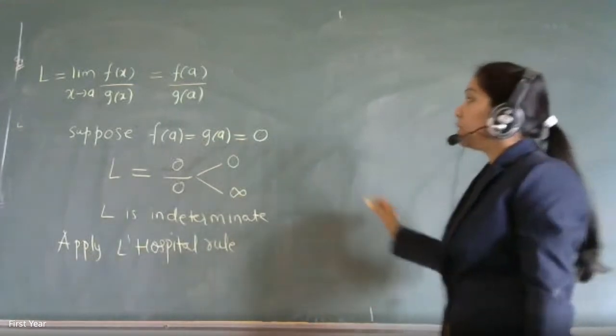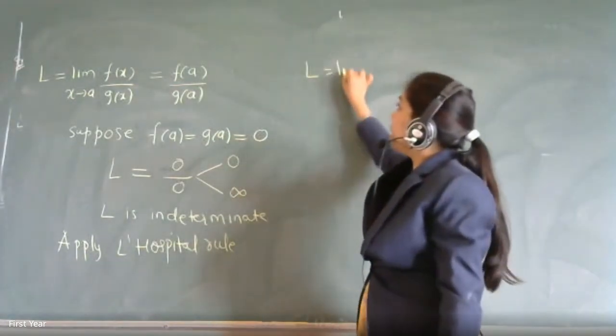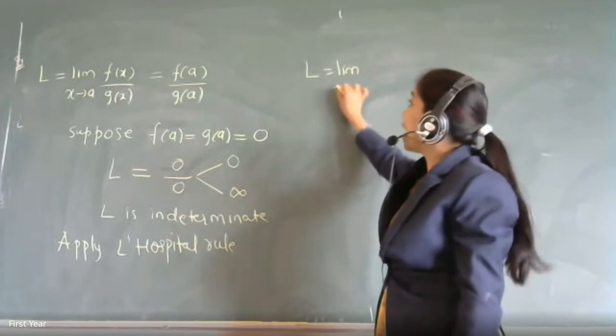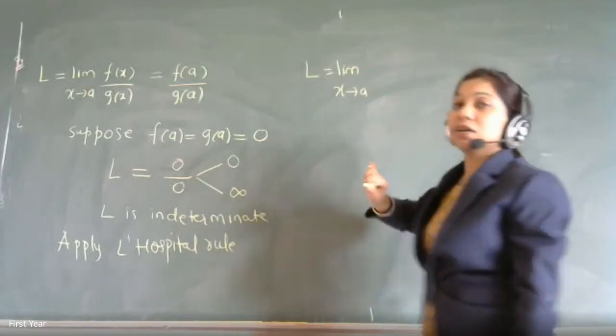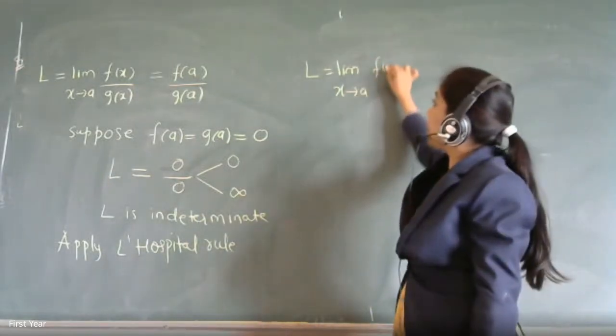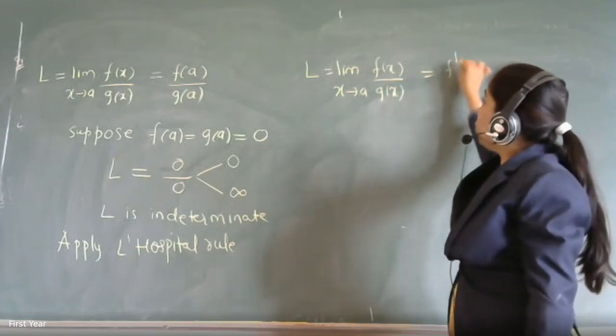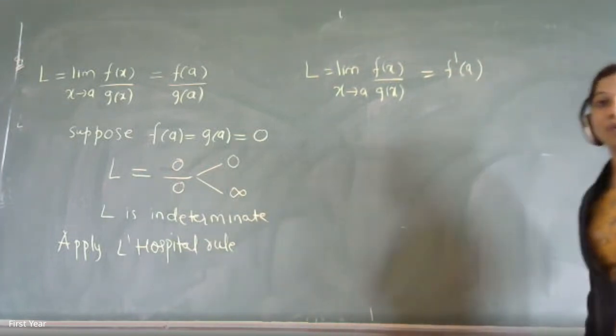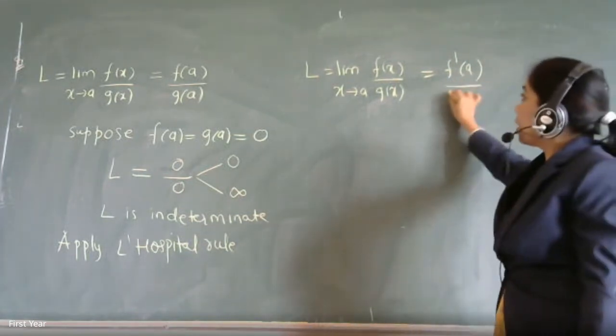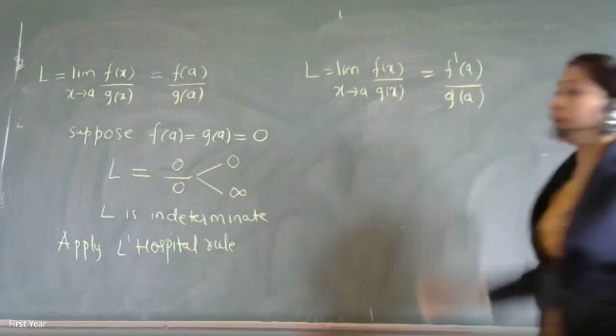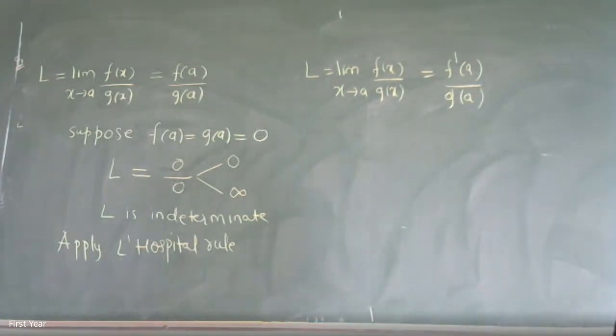This rule is nothing but the limit will become limit as x tends to a of f of x by g of x becomes: take the derivative of the numerator, put x is equal to a in place of x; take the derivative of the denominator, put x is equal to a. Differentiate the numerator, put x is equal to a, differentiate the denominator, put x is equal to a, that's your answer. This is the L'Hospital rule.